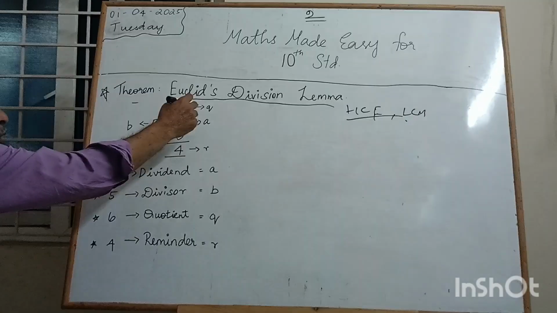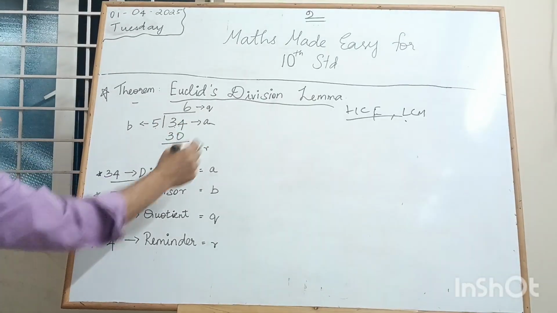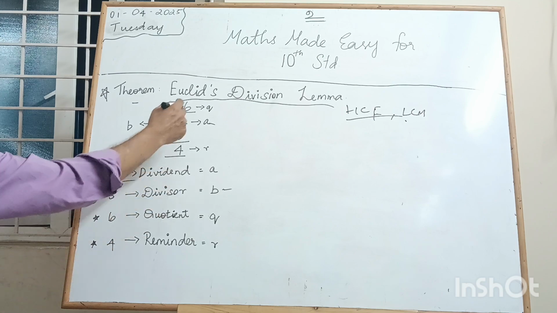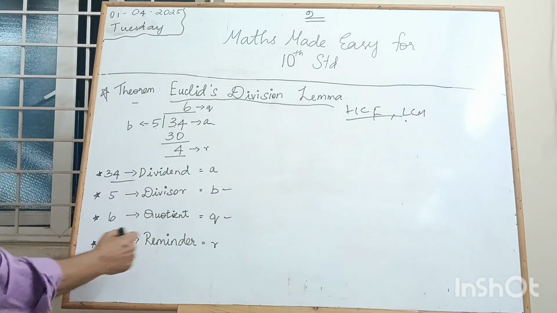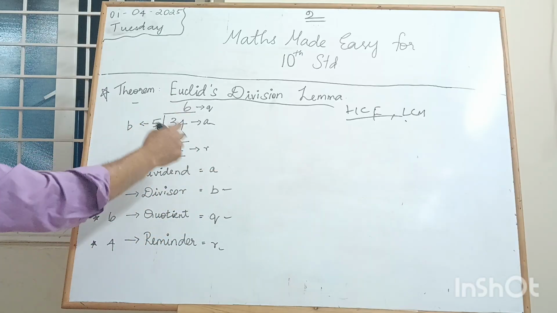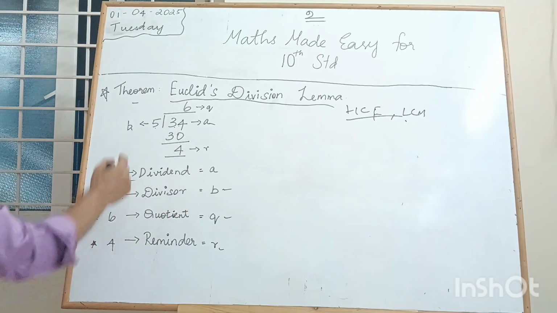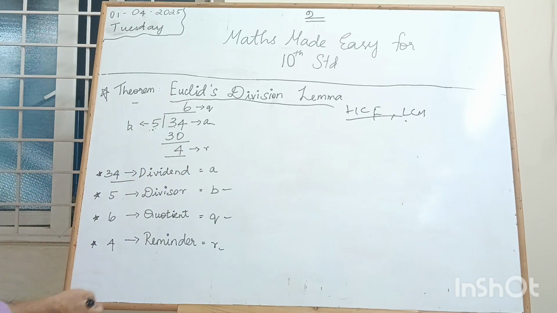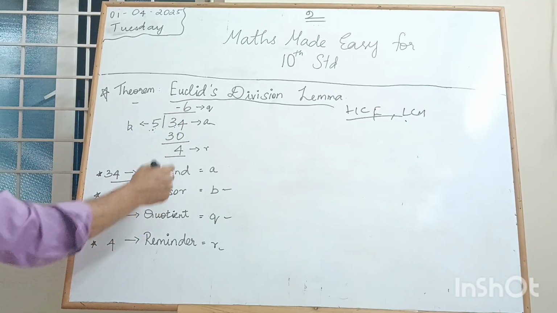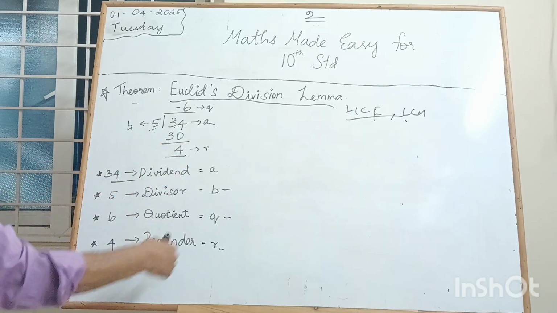This 34 is the dividend A, this 5 is the divisor B, this 6 is the quotient Q, and the 4 is the remainder R. Are you clear? A is the dividend, B is the divisor which divides this number, the 6 you get from the division is the quotient, and the 4 is the remainder after doing the division.